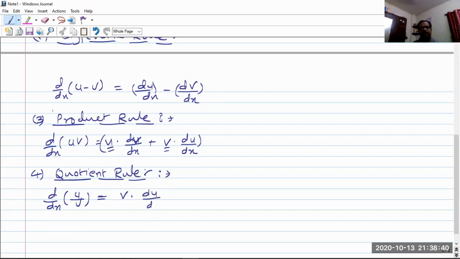Then it is multiplied by du by dx, minus u, the first function, times the derivative of the second function, that is dv by dx, and the whole is divided by v square. This v must be a non-zero function, right? If v becomes 0, this whole term will not be defined. The derivative of u by v will not be defined, right?